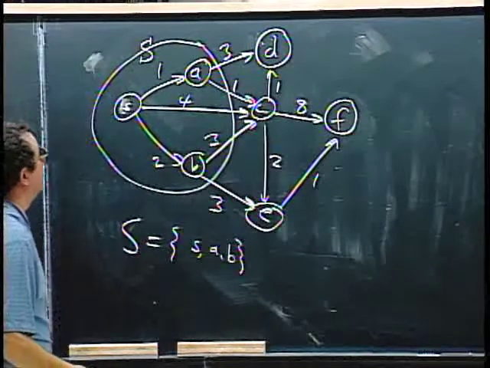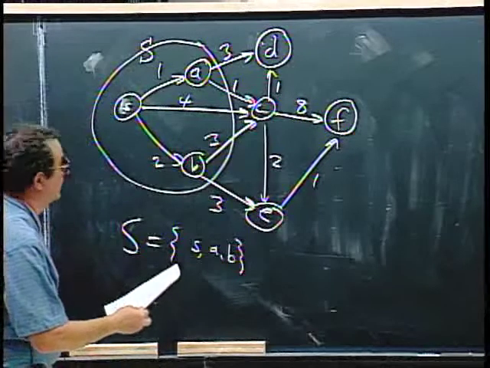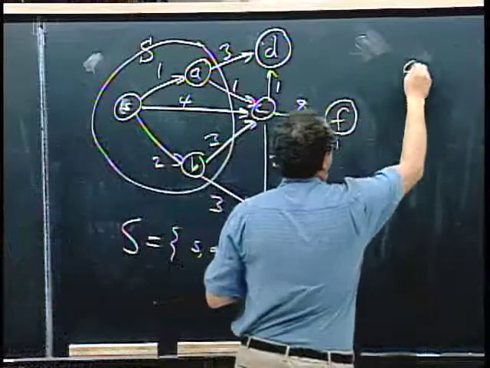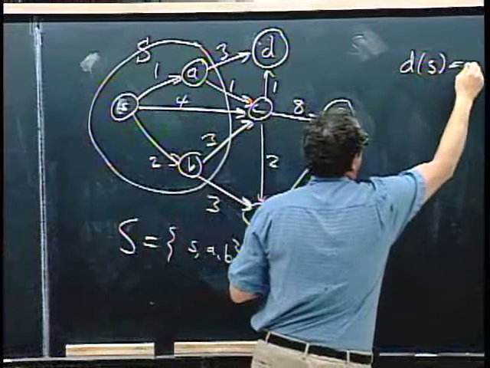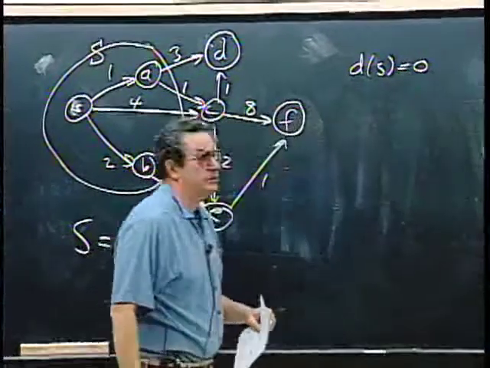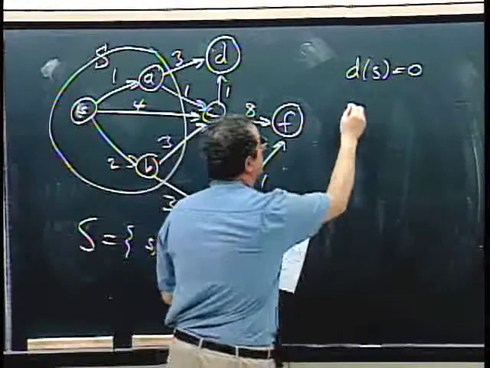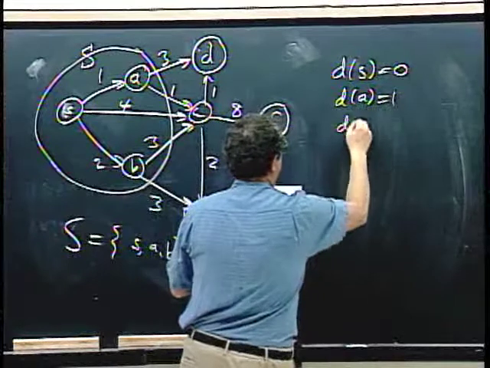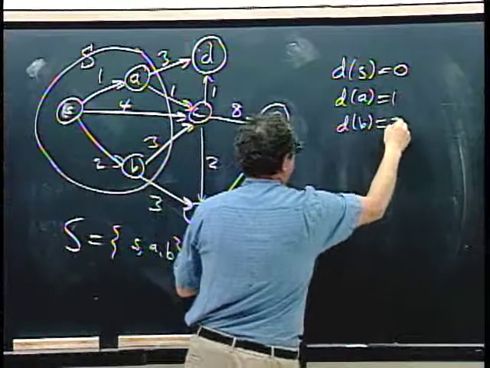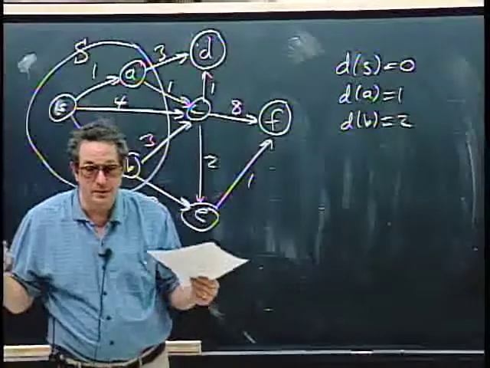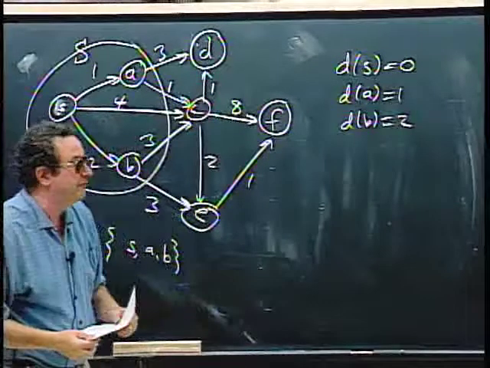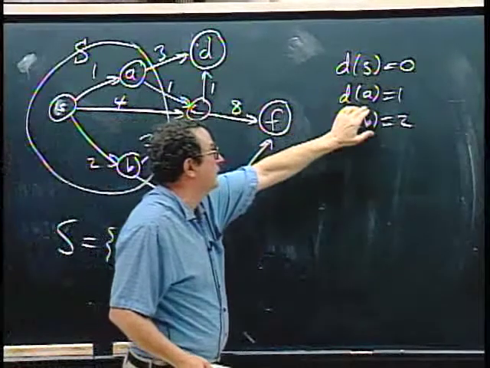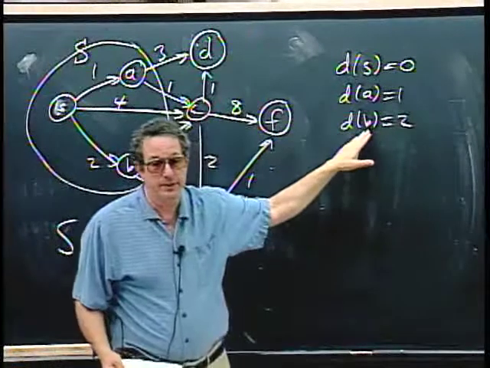Now let's look at what the d prime values are at this point. First of all, the d values: d of s is 0, d of a is equal to 1, and d of b is equal to 2. Implicitly, I'm assuming here that the algorithm does correctly set its programming variable to the actual shortest path distance.